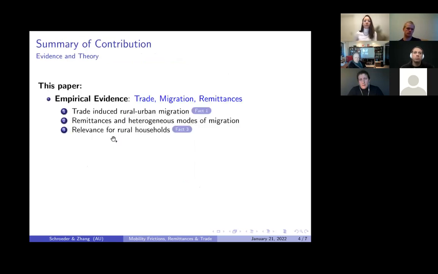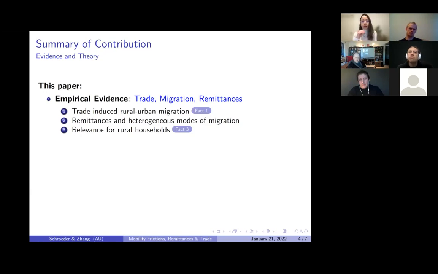So to give you a brief summary of our contribution, we provide three novel pieces of evidence that tie together trade, migration, and remittances. The first piece of evidence is that we show that trade induces rural to urban migration, and that as a proportion of migration, partial migrants are very important.